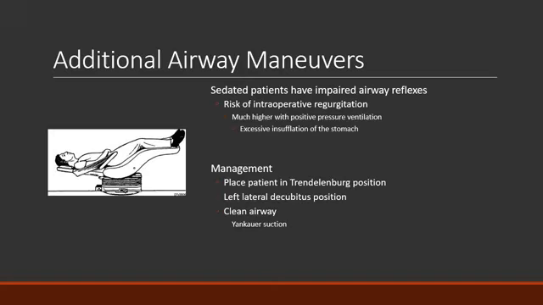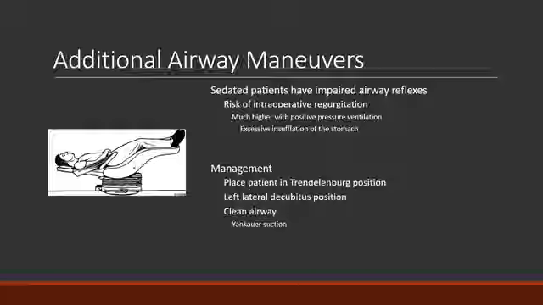So if we have patients that are sedated, we need to be careful, and certainly that's one of the reasons that we want them NPO. But if they throw up, and they potentially may, we need to manage that appropriately. What we need to do is immediately place them in the head down or Trendelenburg position. What we're doing there is utilizing gravity as our friend to help bring that vomitus away from the trachea. We want it more towards the mouth and draining out of the mouth.